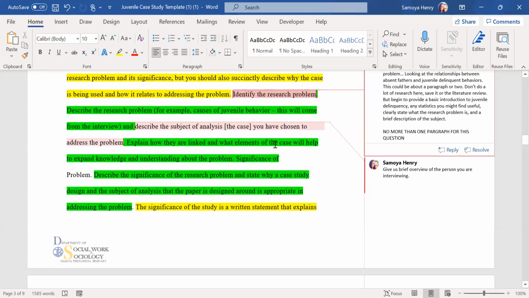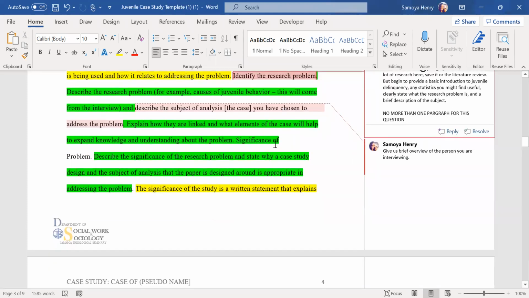Describe the subject of analysis. You have chosen to address the problem. The subject of analysis would be the person you are interviewing, right? Explain how they are linked and what elements of the case will help to expand knowledge and understanding about the problem.